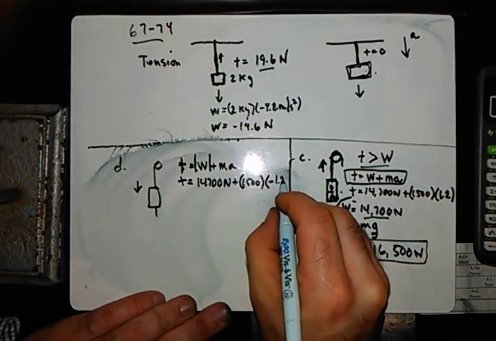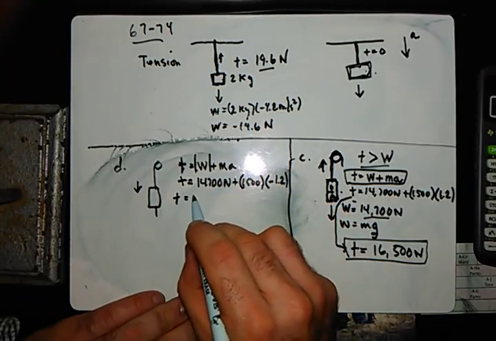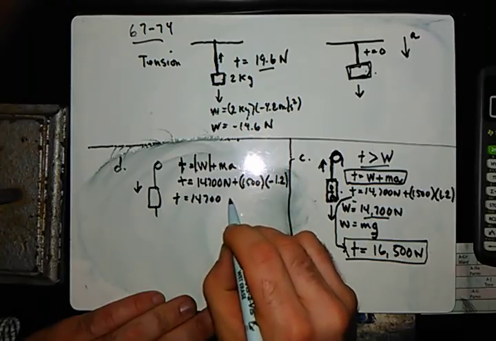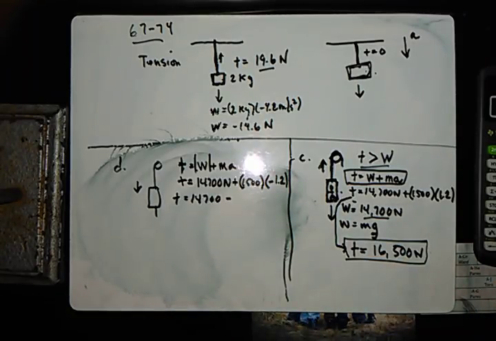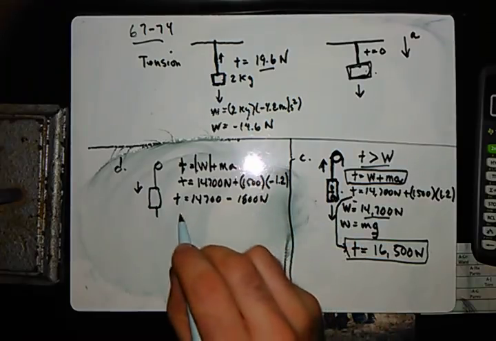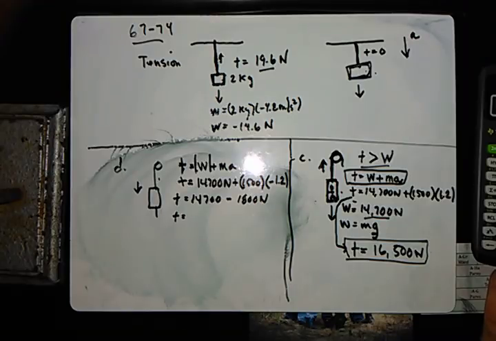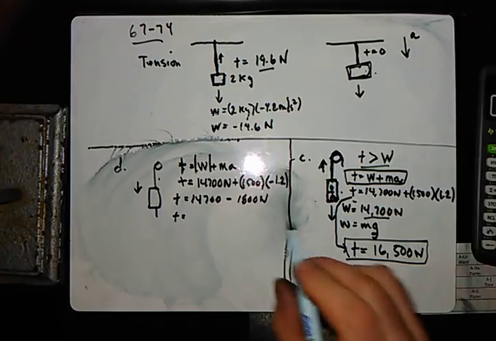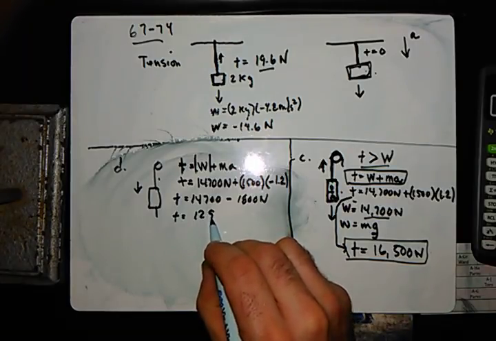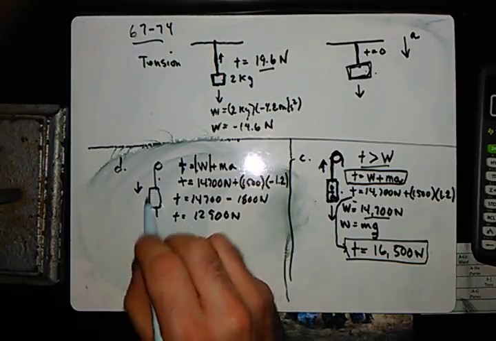The 1.2 is down in this situation, so there's a negative sign here. So 1,500 times 1.2 is minus 1,800. Tension in the rope is 14,700 minus 1,800, which is 12,900 newtons. That's with it accelerating downward.